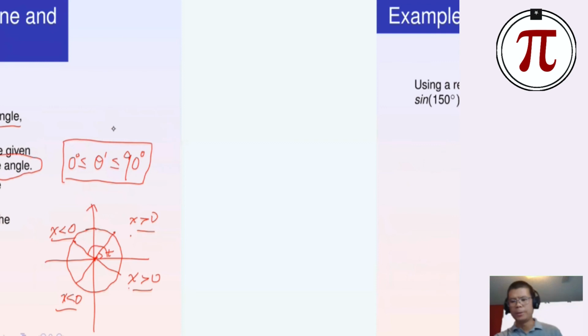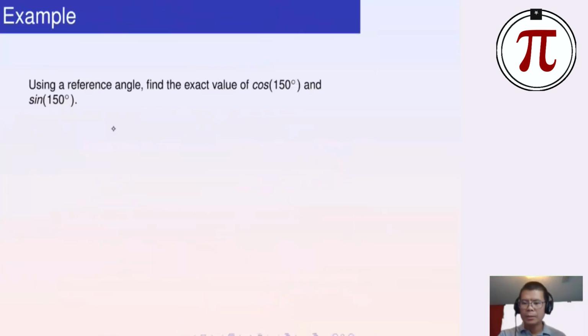Now let's consider an example. Using the reference angle, find the exact value of cosine 150 degrees and sine 150 degrees. Let's do this one together. Solution: 150 degrees.